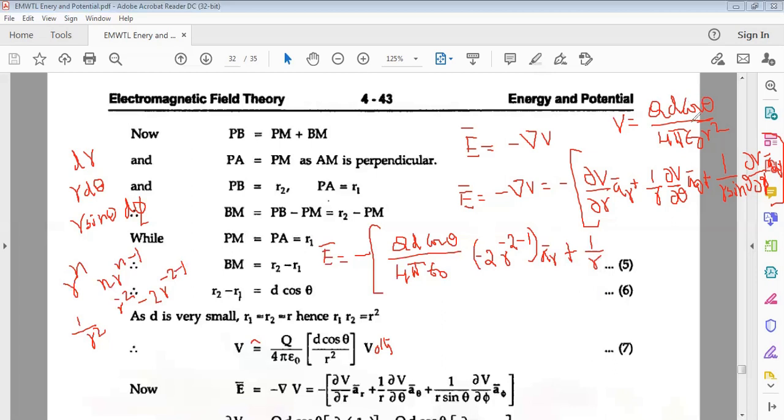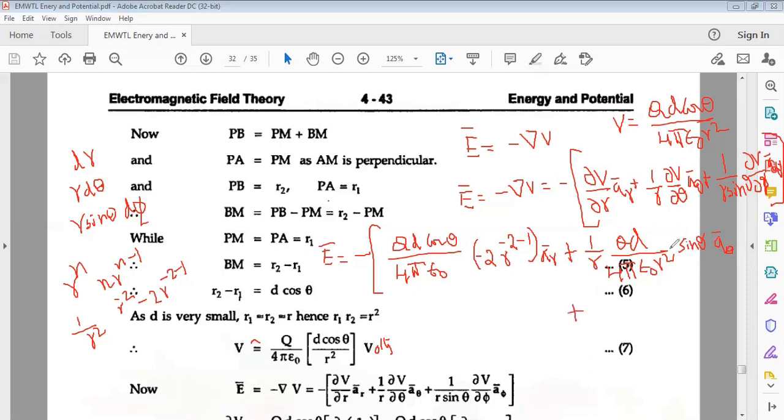The v we got is qd cos theta by 4 pi epsilon naught r square. In this, qd by 4 pi epsilon naught r square is a constant, and for cos theta, apply the derivative of cos theta. The derivative of cos theta is minus sin theta here, and the a theta bar, not the a phi bar.